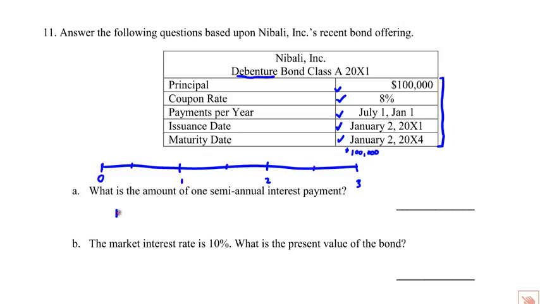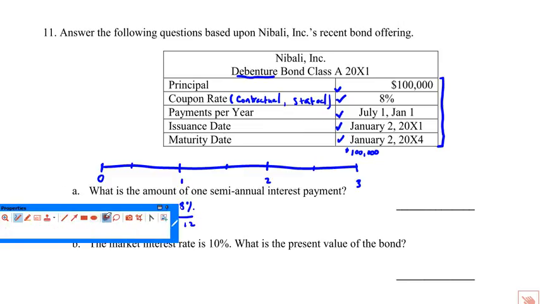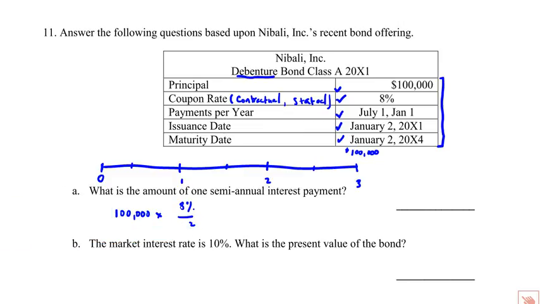So the way you calculate an interest payment is you take the principal value times the contractual rate, the coupon rate, or stated rate. Those are all the same thing. And you divide it by the number of payments per year.